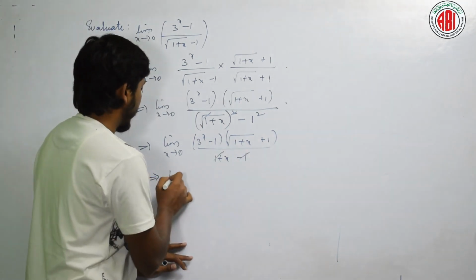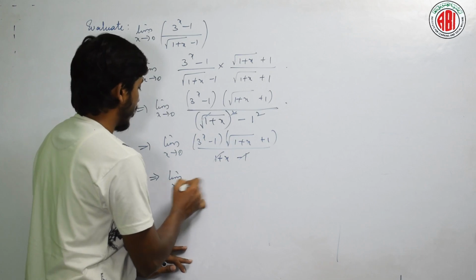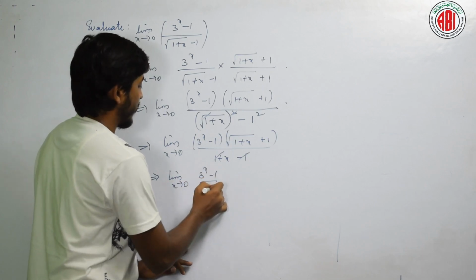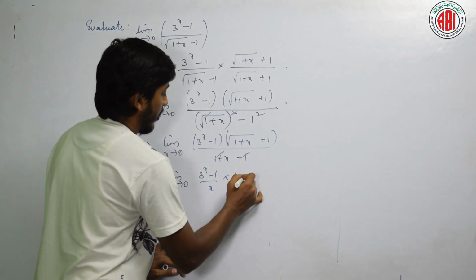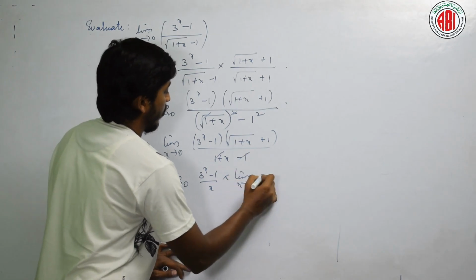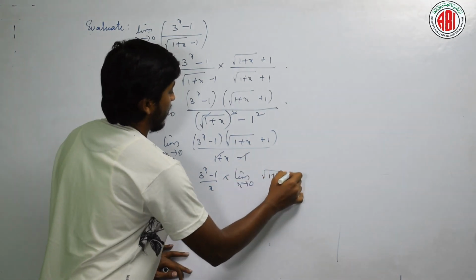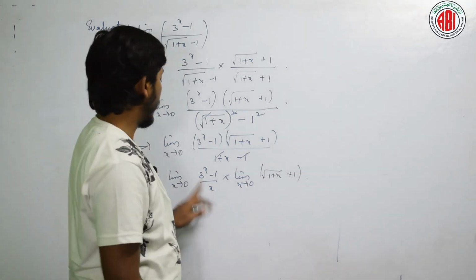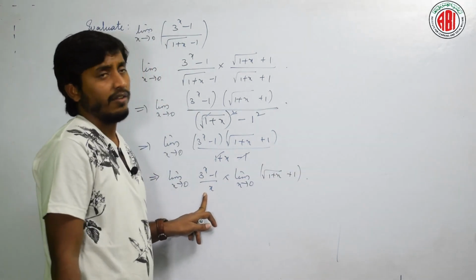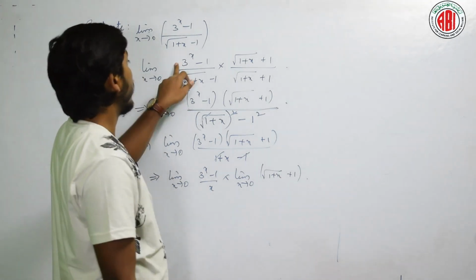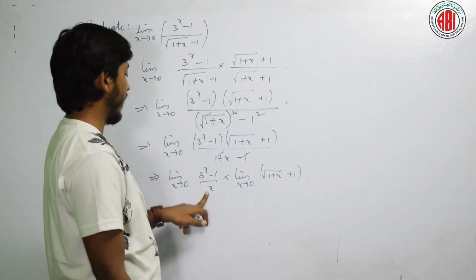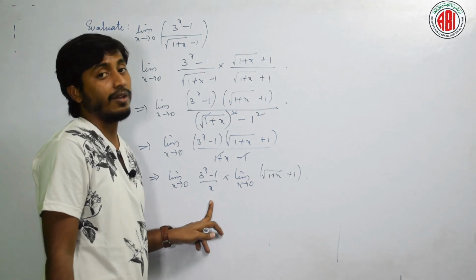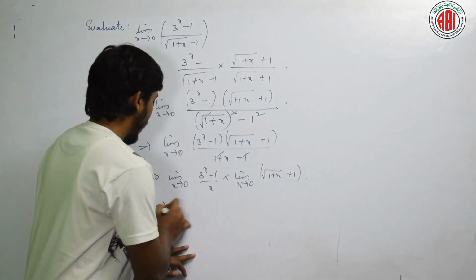Now let us separate it. Limit x tends to 0 (3 power x minus 1) by x into limit x tends to 0 (under root 1 plus x plus 1). Is it right? Now what is the formula of this? We already told, whatever it is, (a power x minus 1) by x is always log a.